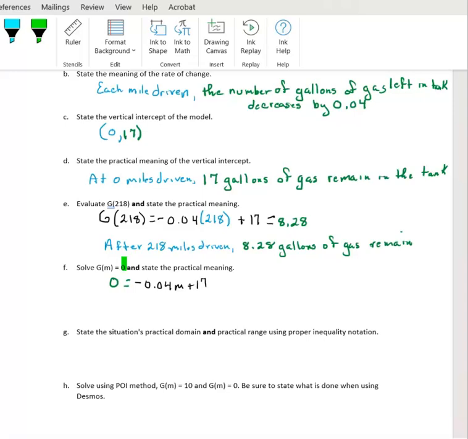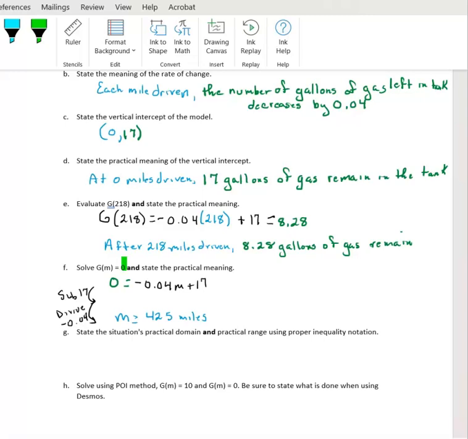We subtract 17, and then we divide by negative 0.04, and we end up with m equals 425 miles.